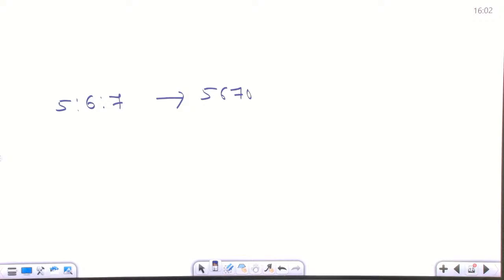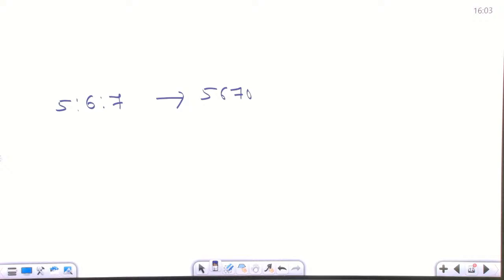5670 is the product of these numbers. Done? We have to find out the greatest. Right? Greatest will be 169.